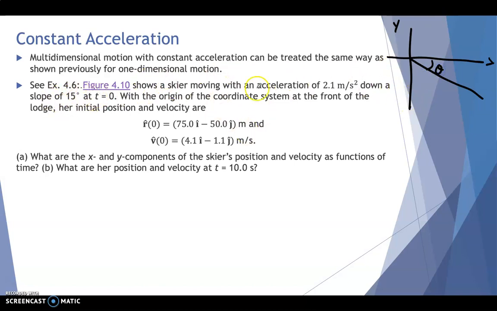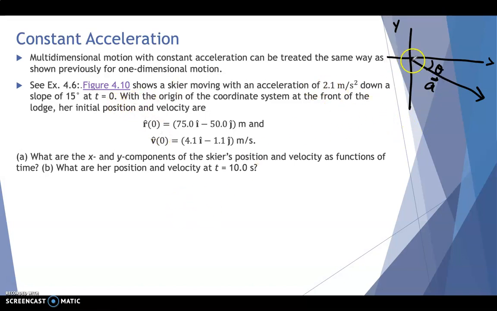Okay, so this person is moving down this slope with an acceleration of 2.1 meters per second squared at a slope of 15 degrees. Okay, at t equals 0. Okay, so this is the acceleration vector here of this skier.